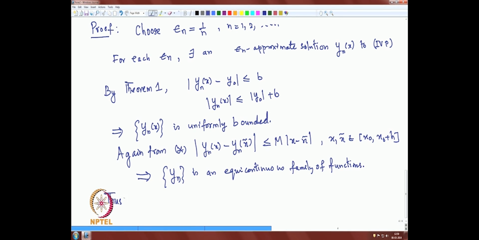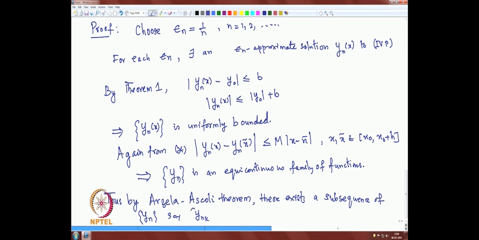Thus, by the Arzelà-Ascoli theorem, there exists a subsequence of yn, say ynk, such that ynk converges to some function y uniformly on x0 plus h.